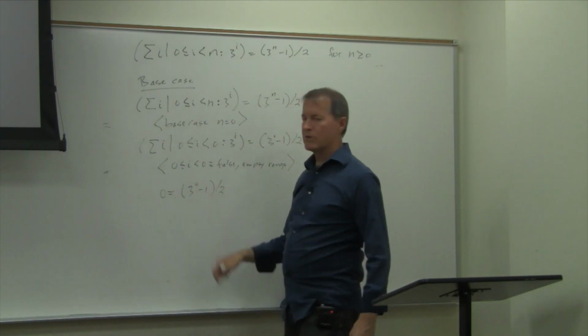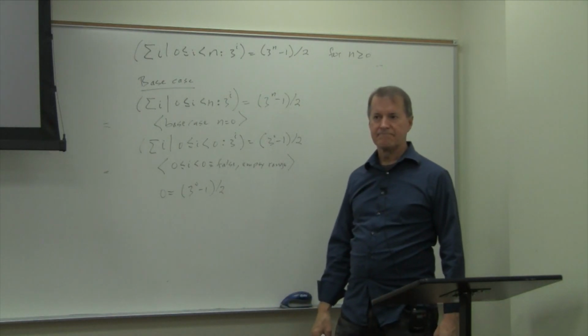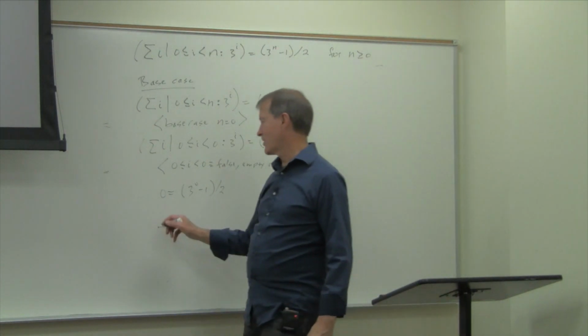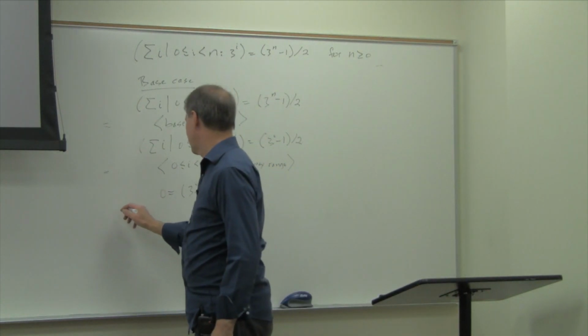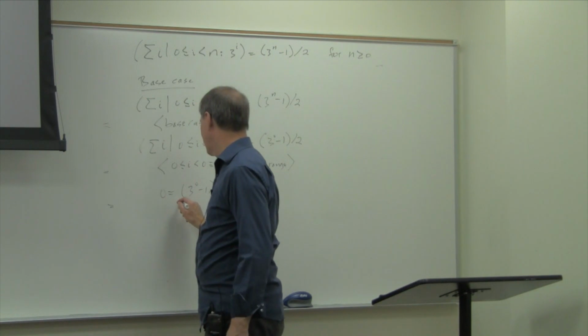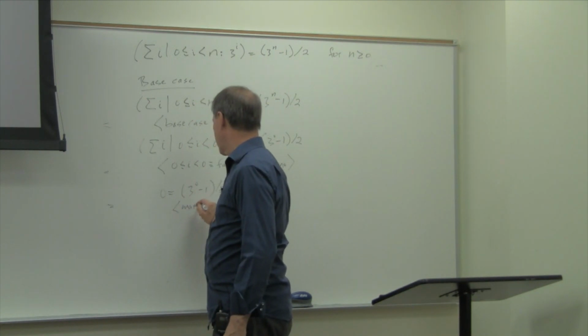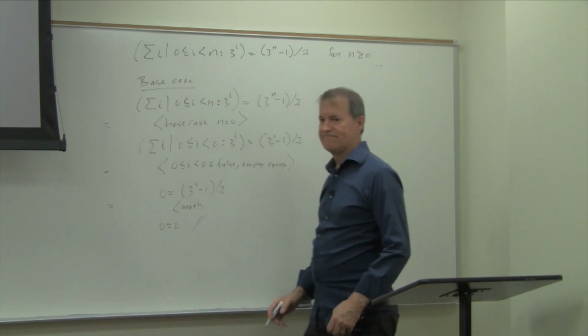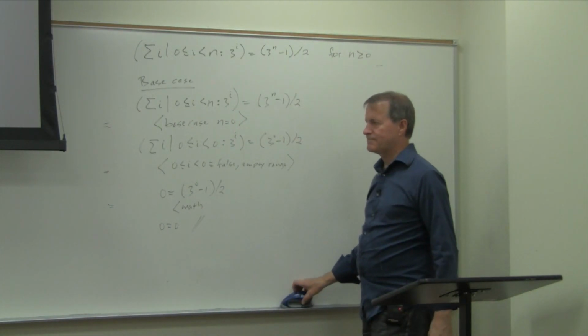But 3 to the 0 is what? 1. 1 minus 1 is? 0. 0 divided by 2 is? 0. 0 equals 0 is? True. So equals, by math, 0 equals 0. Boom, we're done.